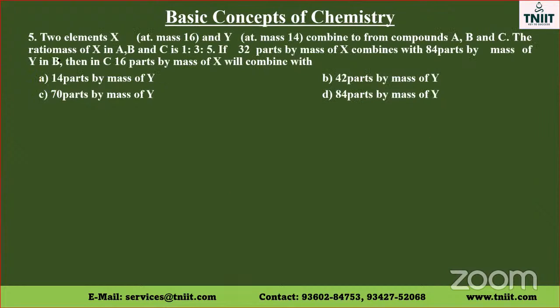Next question. Two elements X, atomic mass 16, and Y, atomic mass 14, combine to form compounds A, B, and C. The ratio of X in A, X in B, X in C is 1, 3, and 5.